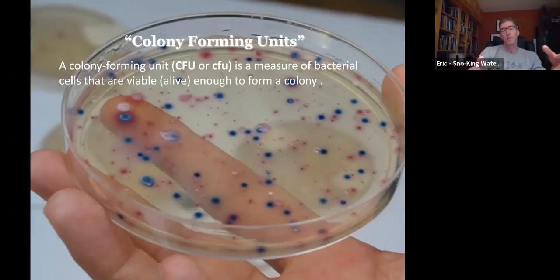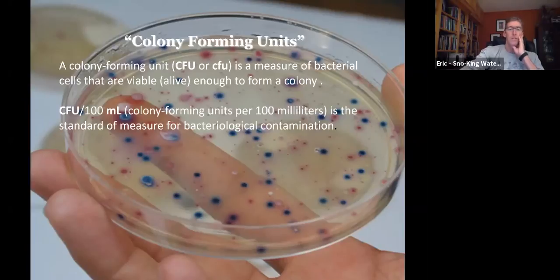So in other words, if you just had a tiny dot, you probably wouldn't even see it. But if it's big enough to grow into one of these larger colonies after you incubate it, then you would count that as a colony forming unit. The standard that agencies and people use when they're talking is the amount of CFUs per 100 milliliters of water in your sample.